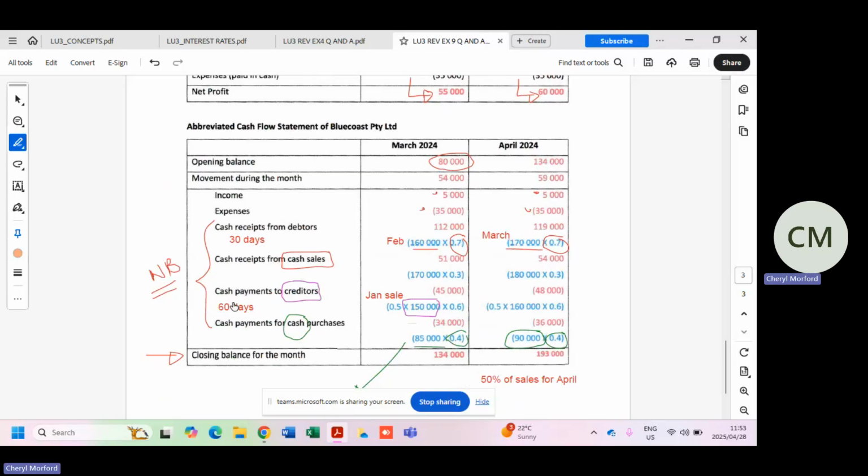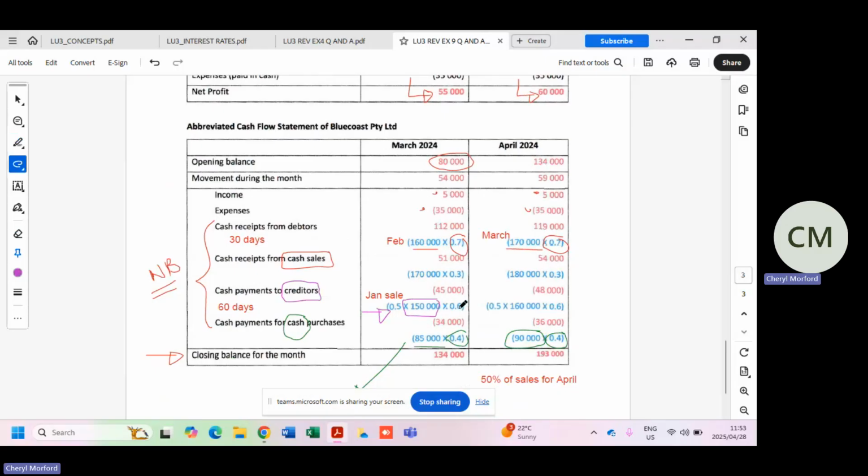There's all of the workings. Don't worry about it. Here's the workings. So 50% of January's sale will give me cost of sales. That is my proxy for my purchases. I need to then find the credit component, which is the 60%, delay it by 60 days, pay it in March.